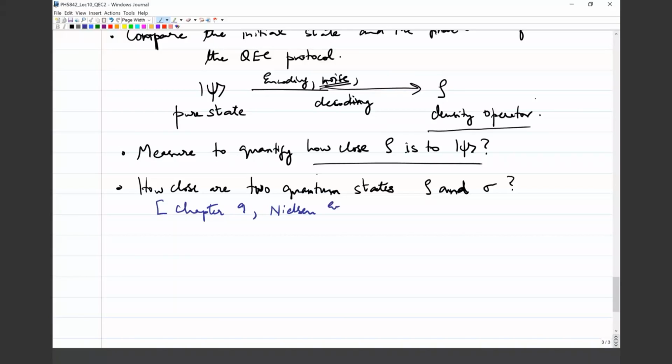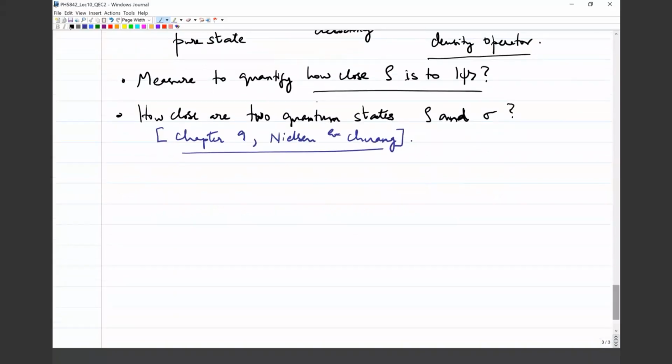I encourage you to read this because I will not have time to go over all of it. But I will define one measure called the fidelity, F of rho comma sigma, and this is the measure we will use to quantify the performance of an error correcting code.